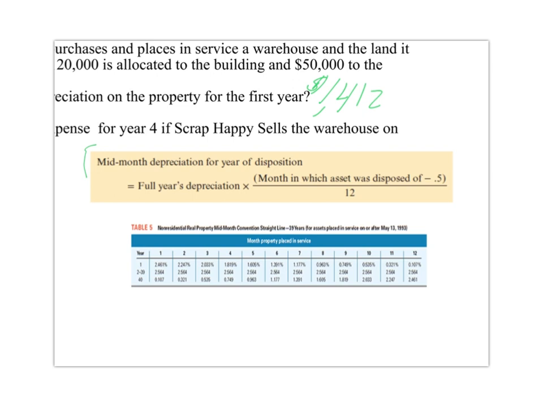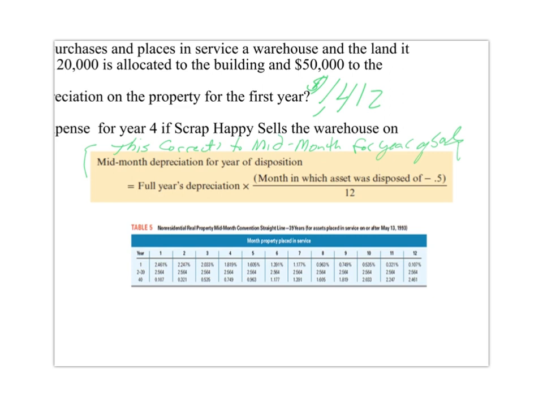What this other little chart does is correct for the mid-month convention in the year of disposition. I'll just say year of sale, because in our situation, that's what we're talking about.